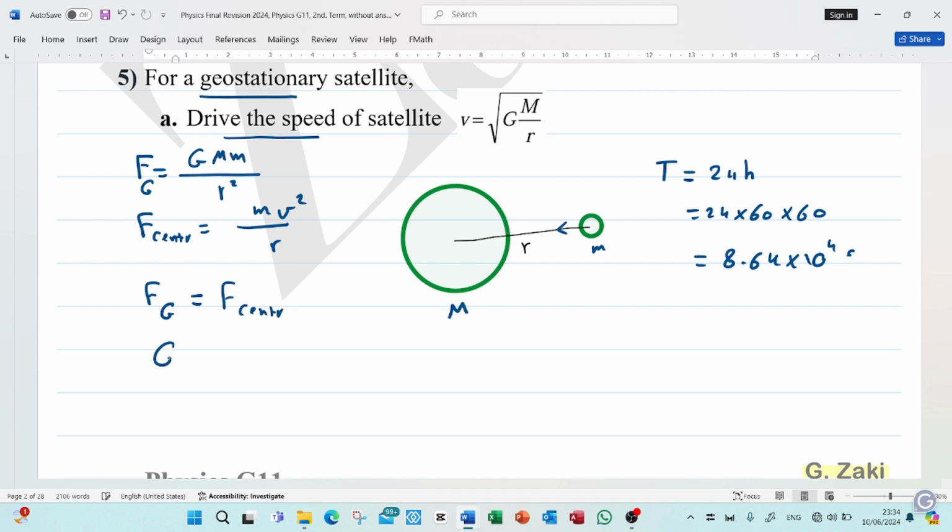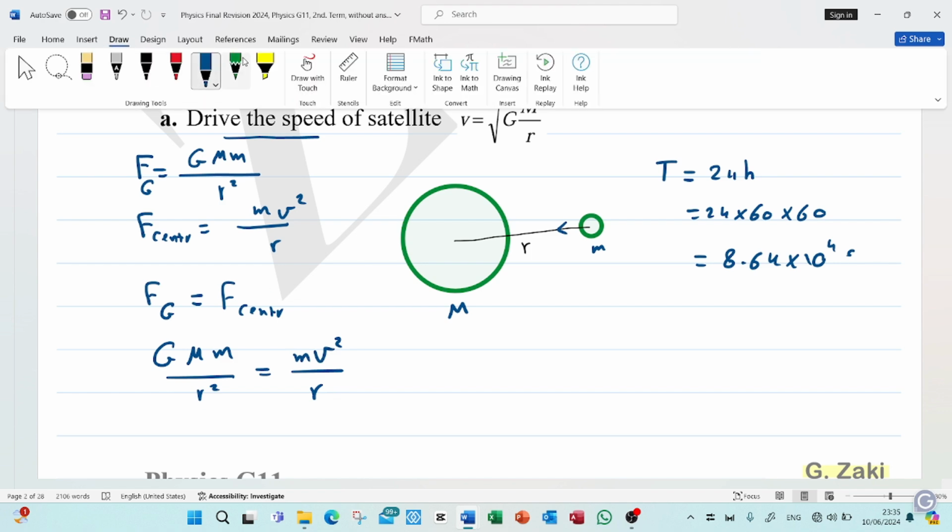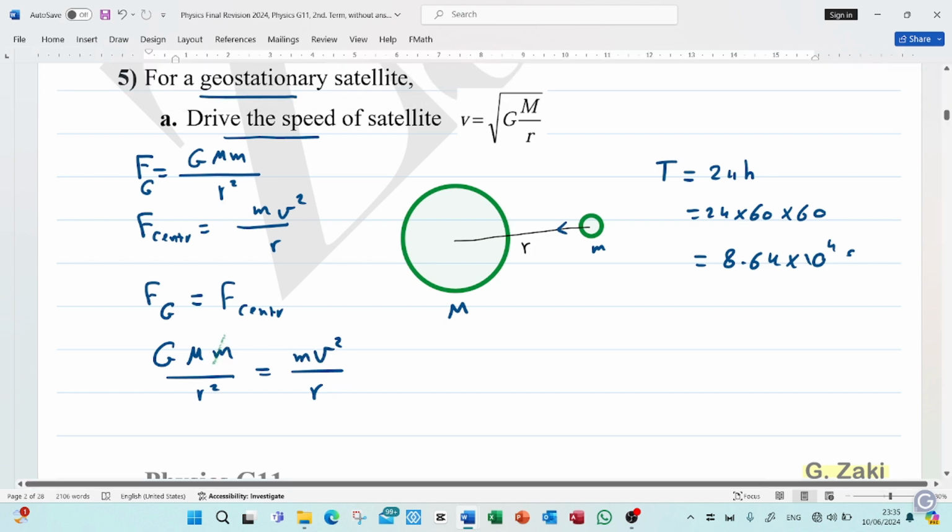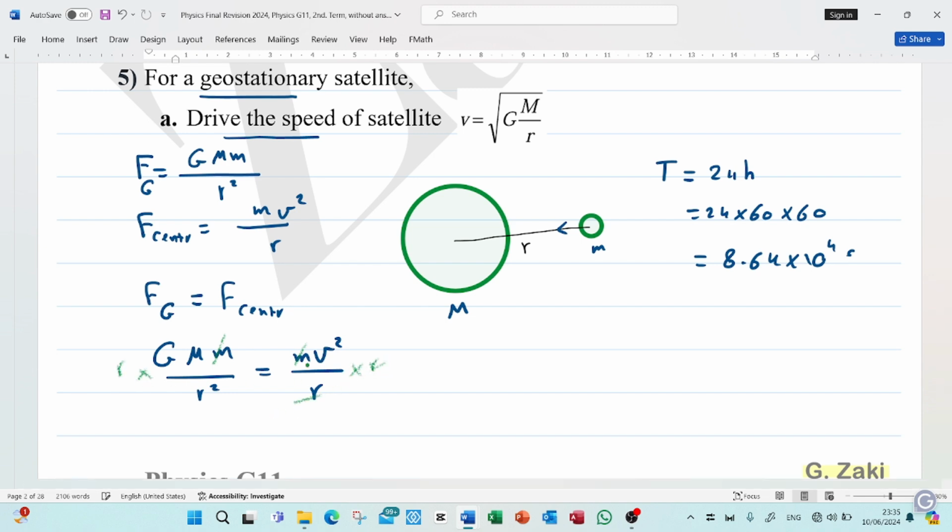Then G M capital m small over r squared equals m v squared over r. Simplify. How to simplify? First, we cancel m small with m small. Multiply by r on both sides to cancel this.